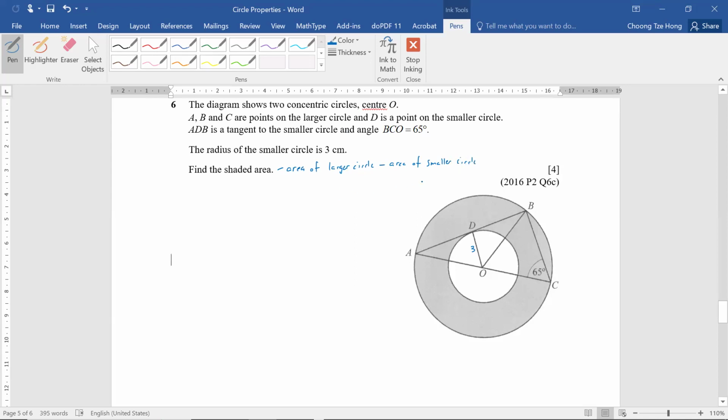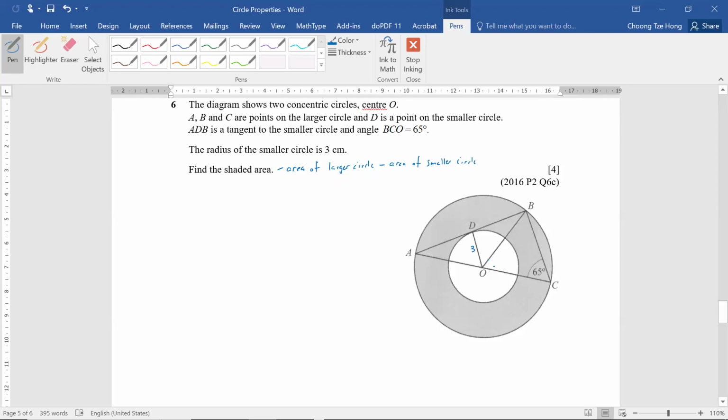We already know the radius of the smaller circle, which means we can find the area of the smaller circle easily. So we just need to find the area of the larger circle, then we should be able to get the answer. In order to find the area of the larger circle, we need to find its radius. If you look at the diagram, there are three lengths that are the radius of the larger circle.